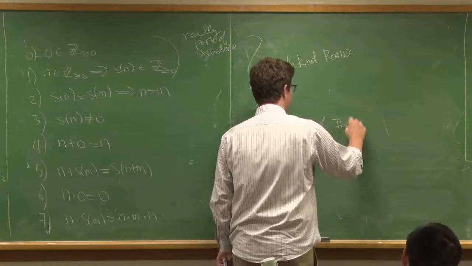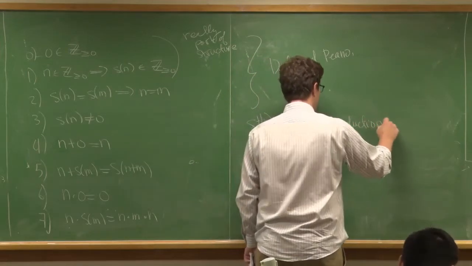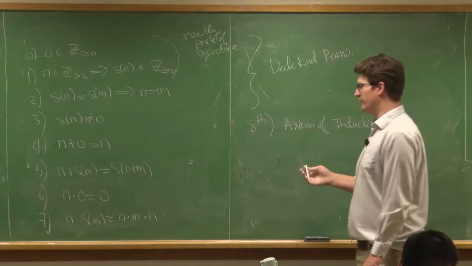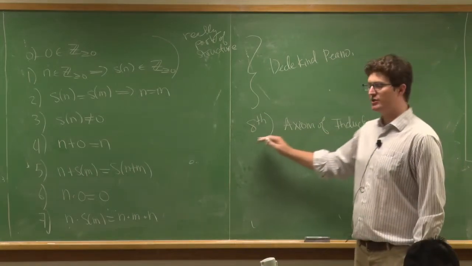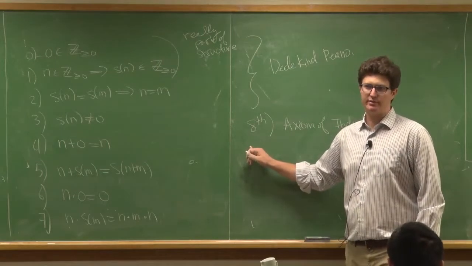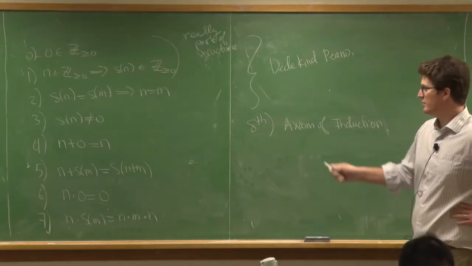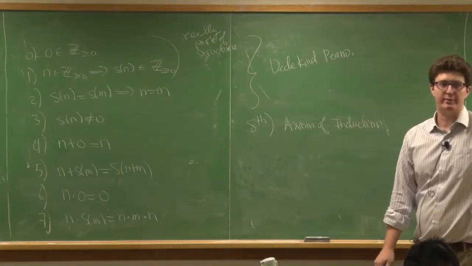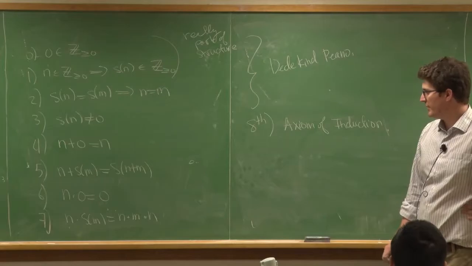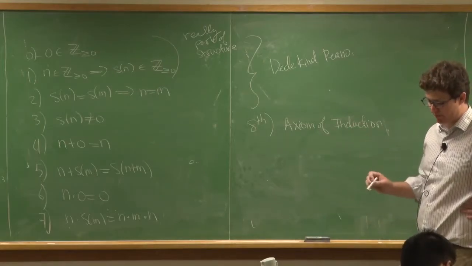Then there are 2 ways to do this. There's a first order way and there's a second order way. The first order way is that you could actually add an infinite number of axioms, one for all formulas with one single free variable, instead of adding predicates. And the other way to do it is with predicates.